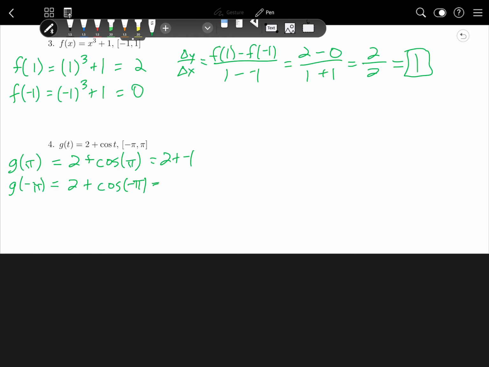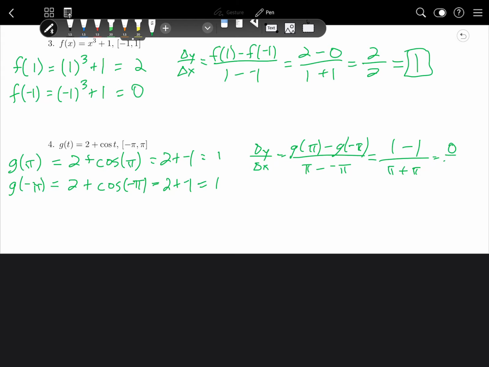And the cosine of negative pi is actually also negative 1, so this would be 2 plus negative 1. So in this case, we get 1 and 1. So this would be delta y over delta x equals g of pi minus g of negative pi over pi minus negative pi. So that would be 1 minus 1 over pi plus pi, which is 0 over 2 pi, which is just 0. So for that one, we get 0. Okay? So that's the idea.